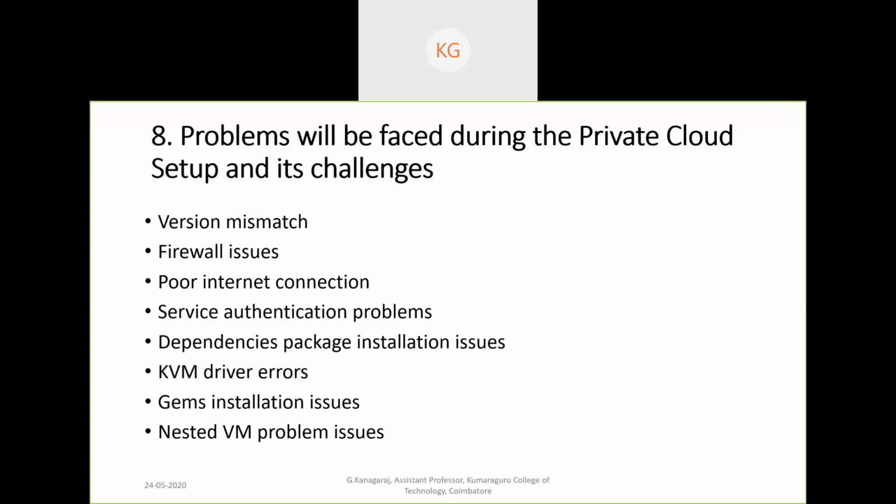So I suggest you have at least a 1 Mbps internet connection. And authentication problems, if you are well versed in commands, you can solve it very easily. Dependency packages during installation, that also you need to have some experience. By practice, you can solve those issues.